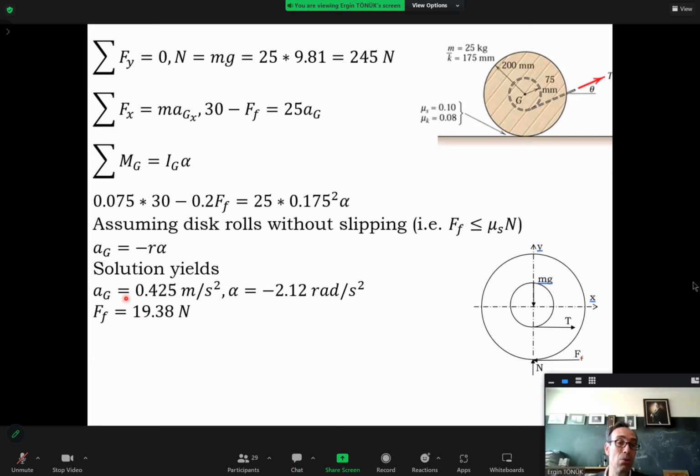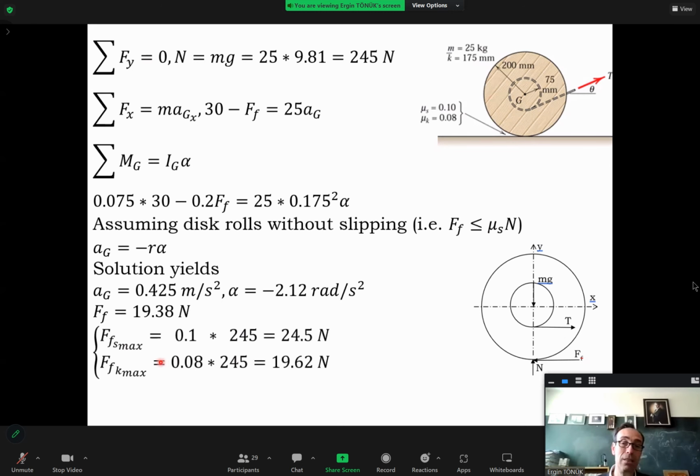And the required friction force for rolling without slipping is 19.38 newtons. Okay, now I have to check if I have this condition, because rolling without slipping occurs if I have sufficient friction force, and this is the required value. What is the maximum available value?